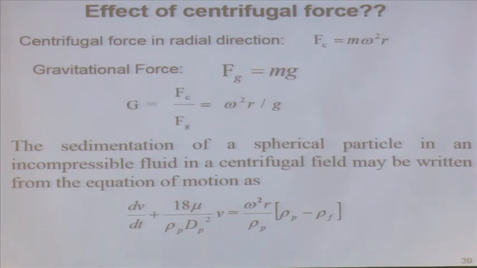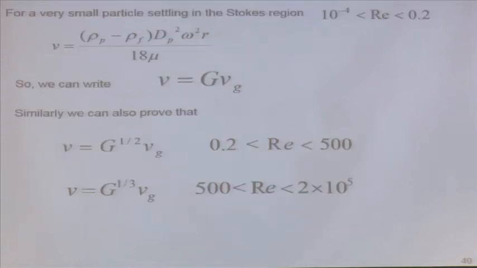There you get all the derivations for this, that is, in a centrifugal force field the equation of motion takes this shape. And finally, for a very small particle, again I have to go for the Stokes region, Newton's region, and the intermediate region.